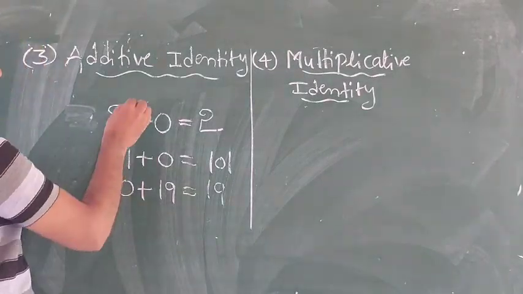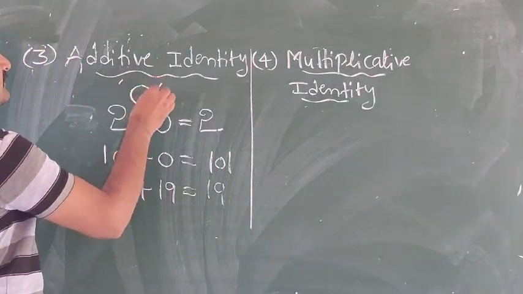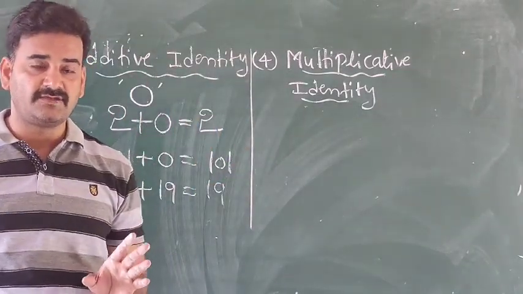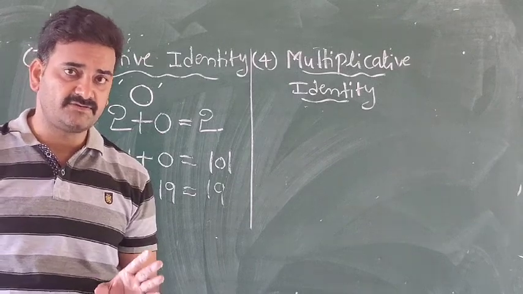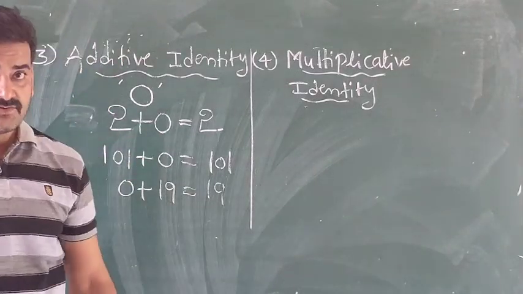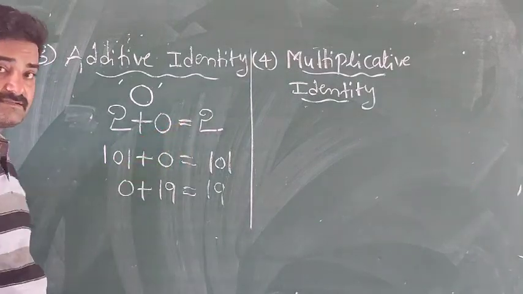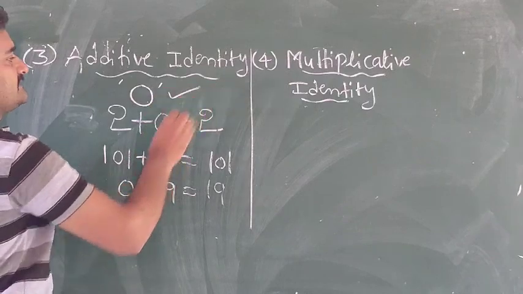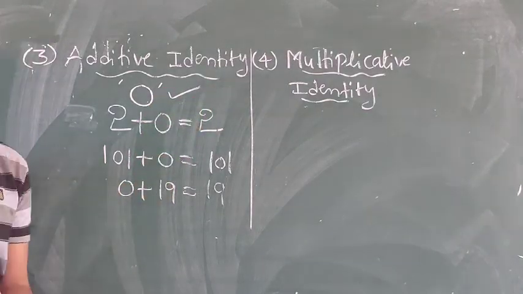That means 0 is the additive identity. Why we are calling 0 an additive identity? Because when you add 0 to any number, we get the same number. That's why 0 is additive identity.